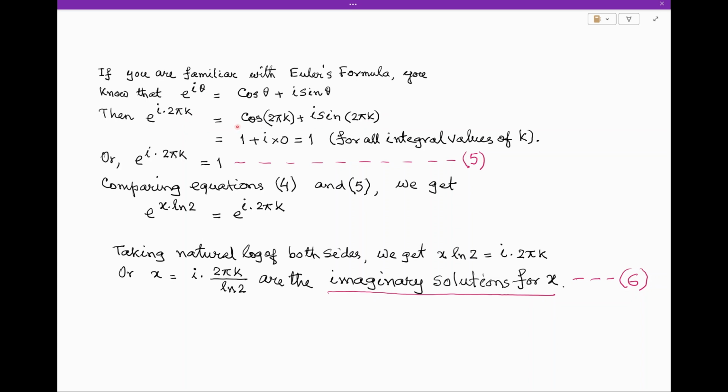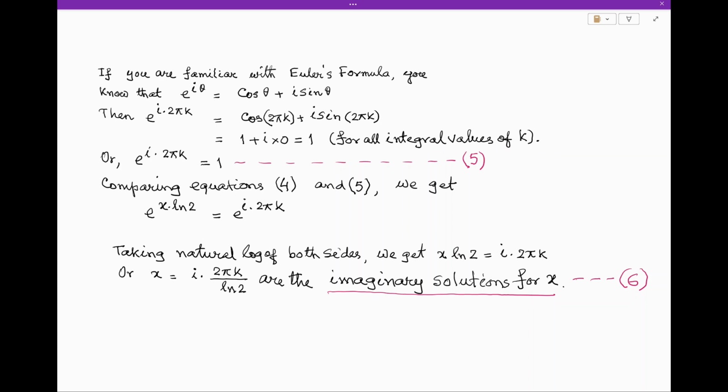Now the right hand side, that is cos 2 pi k plus i sin 2 pi k, is 1 plus i multiplied by 0, which is equal to 1 for all integral values of k. We know that cos 2 pi is 1, cos 4 pi is 1, cos 6 pi is 1, and so on.